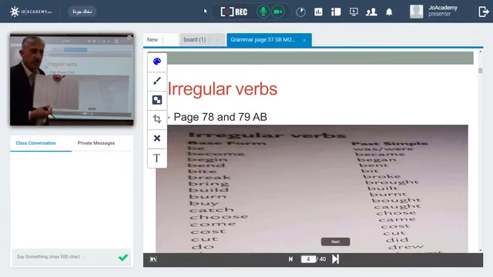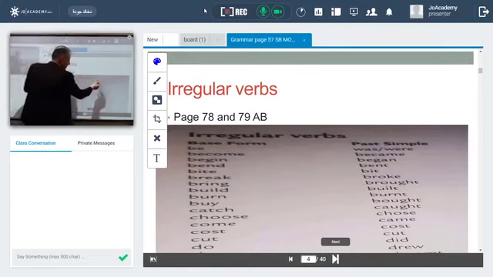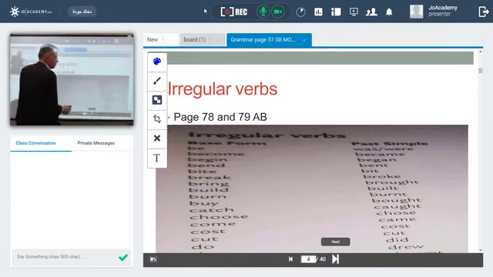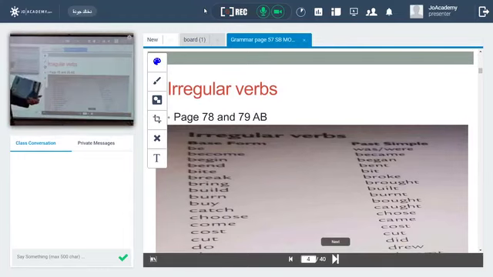It's very important for you if you want to learn English. So we have here the base form, we have past simple, and still we need to learn the past participle of these verbs. But at this level, we need only to know about the past simple of the verbs.